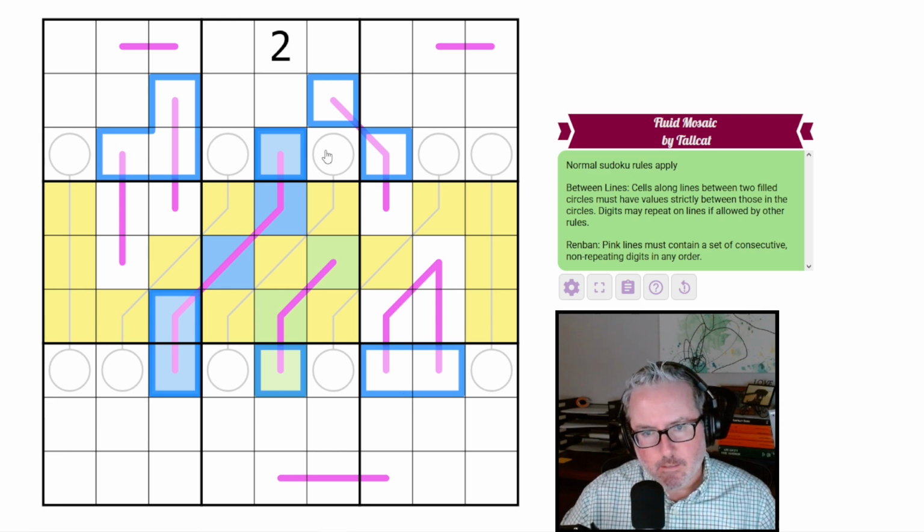Because what it's saying is that there are 1s and 9s on each of these sets, or not on each set, but in these 2 rows, the 1s and the 9s will exist on the circles.